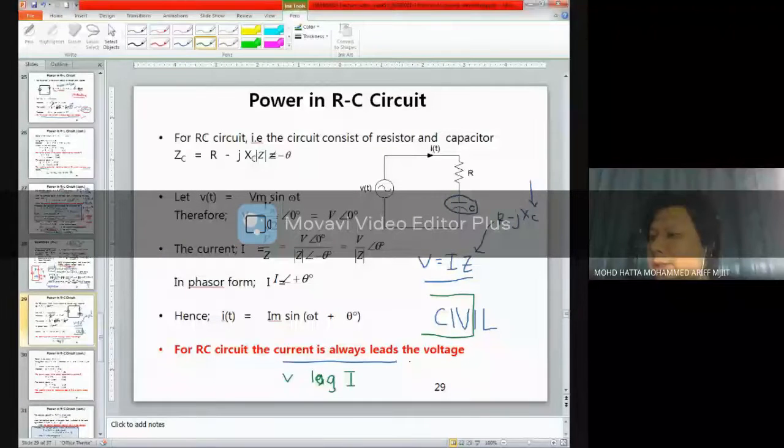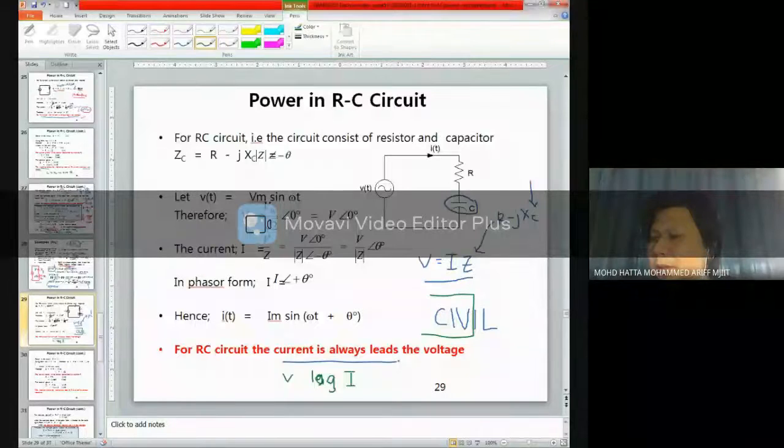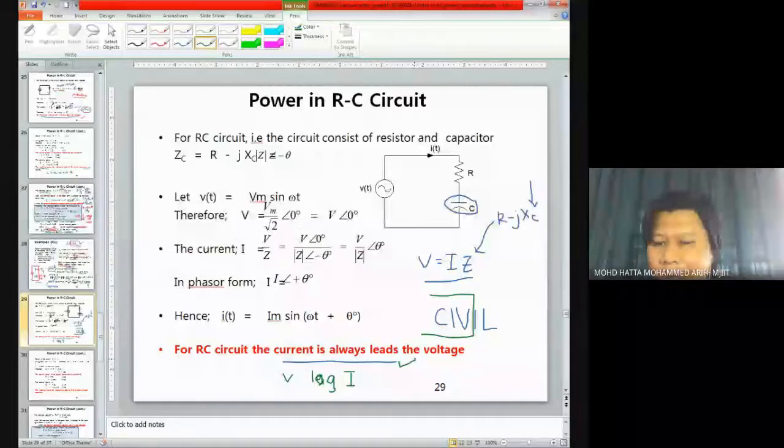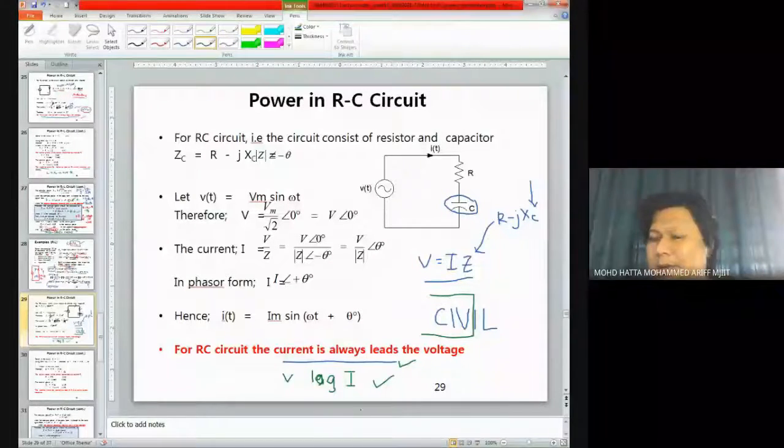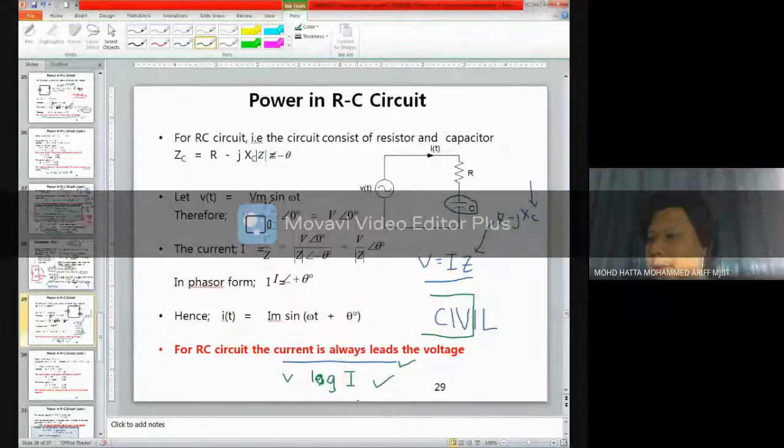But this is the typical or frequent definition that you found in your textbook. Maybe this also is optional definition, but both are correct technically.